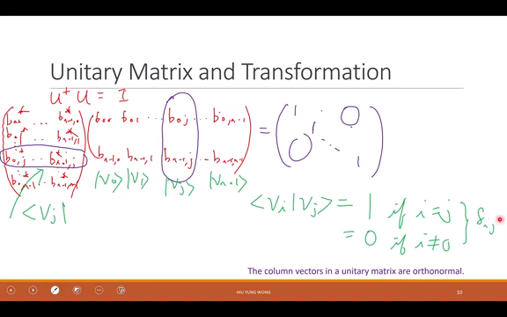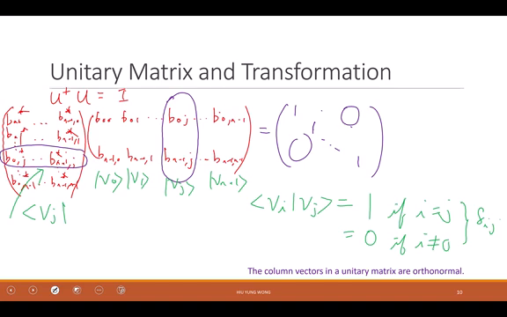So what I'm showing you here is that if it is a unitary matrix, the columns themselves are orthonormal to each other. Every unitary matrix, if you do an inner product of one column with another column, it is 0. With itself, it is 1. That is the characteristic of the unitary matrix.